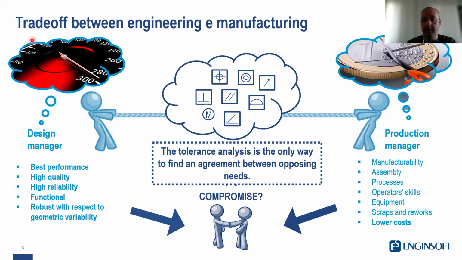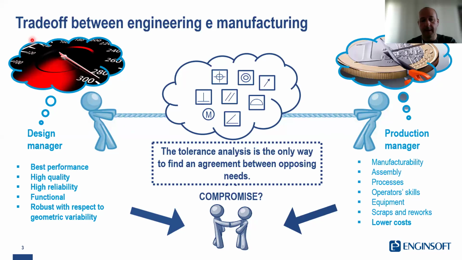But on the other hand, when it comes to manufacturing processes, we would like to have very large tolerances, because in that case, we can produce parts and components at a lower possible cost.